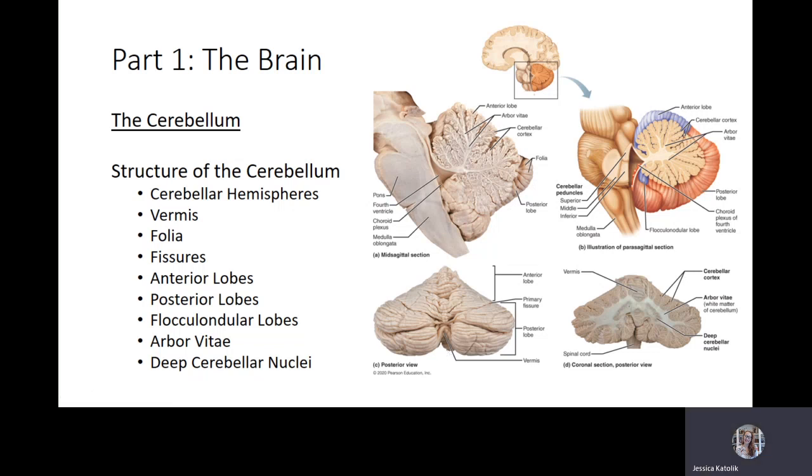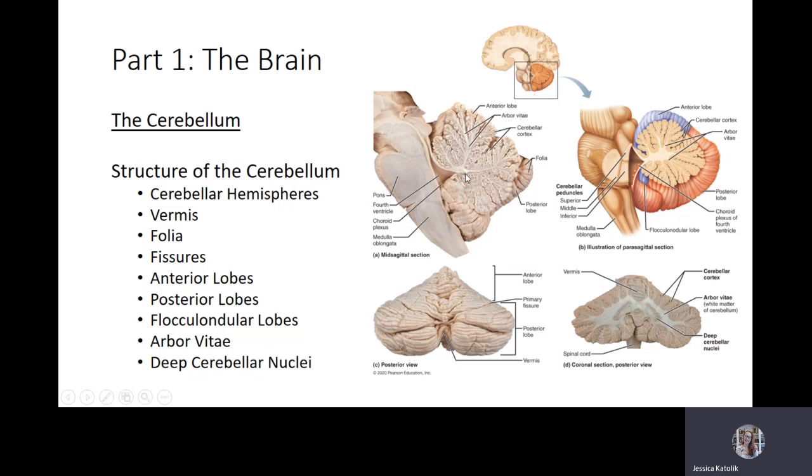We can see that the cerebellum is highly folded. We call these folds folia, and as we'll see, folia means leaves. When we go into the internal structure of the cerebellum, here we have a sagittal cross-section, and we can see regions of gray matter and white matter.